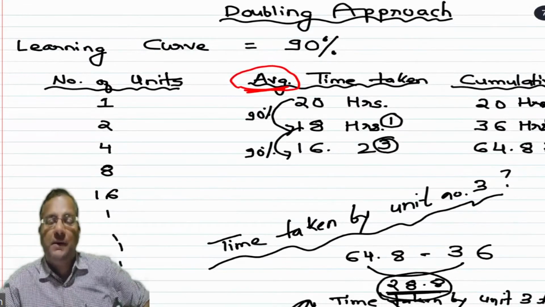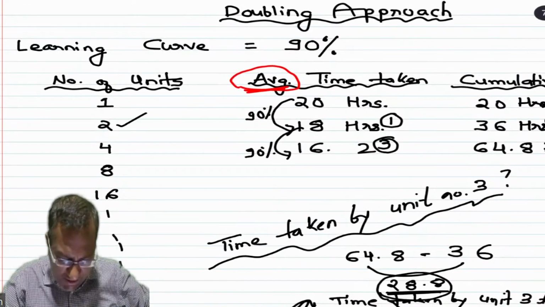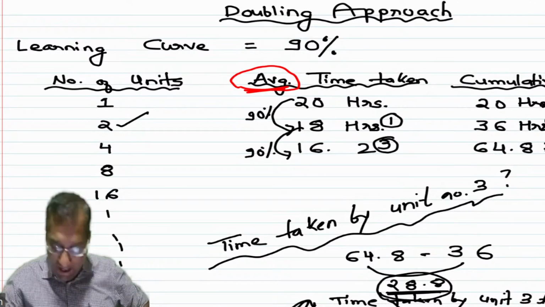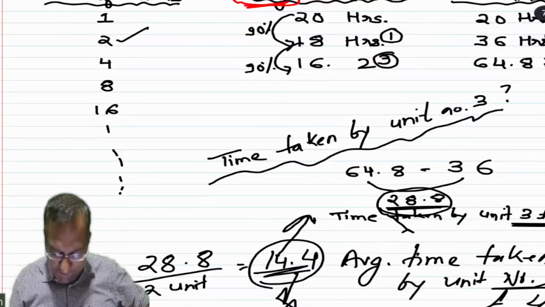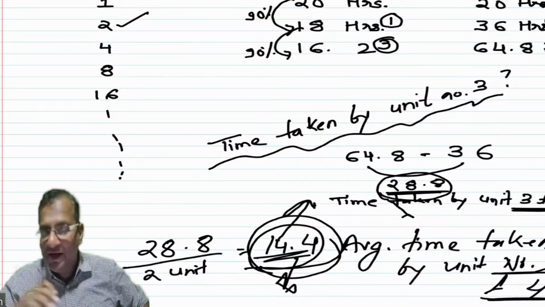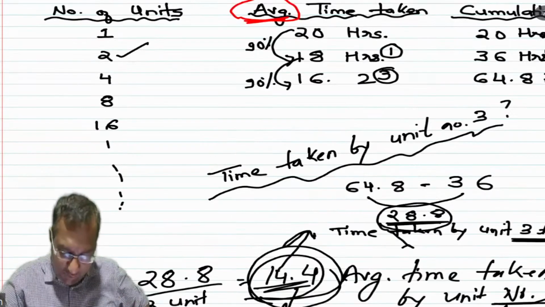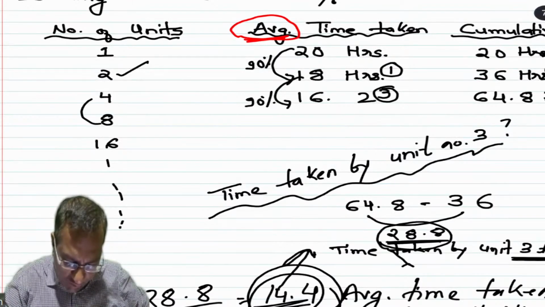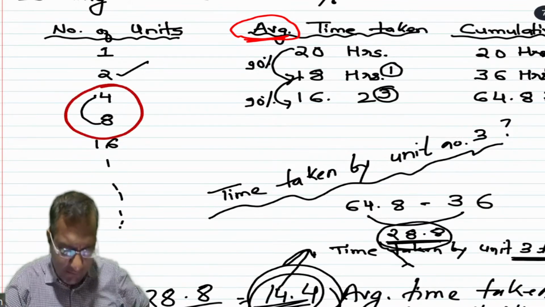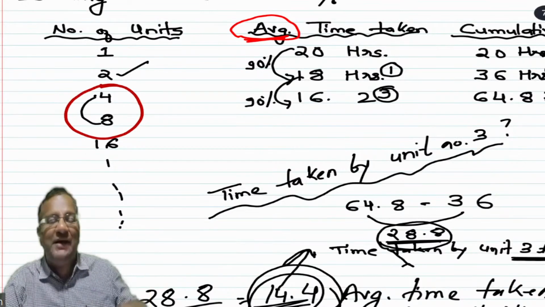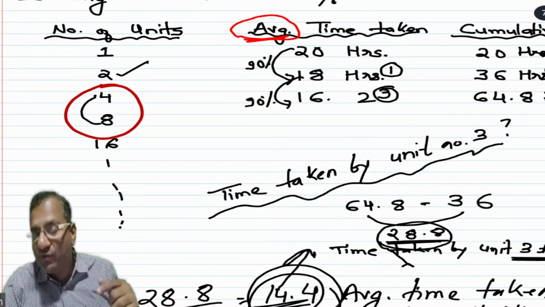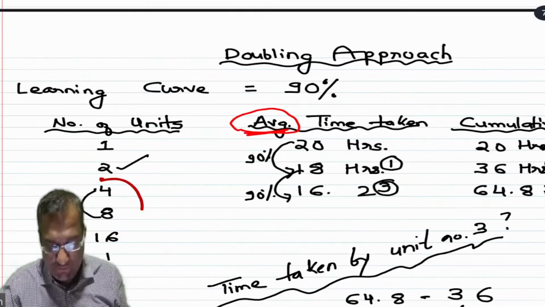Just as you calculated for unit number 2, you cannot calculate the time taken by unit number 3 and 4 individually. You can calculate the average time. The average time taken by unit number 3 and 4 is 14.4, but you cannot calculate the time taken by unit number 3 and 4 individually. You can calculate the time taken by unit number 5, 6, 7 and 8 together. Check on the screen, beta. You can calculate the average time of units 5, 6, 7, 8, but you cannot calculate the time taken by unit number 5 in the doubling approach.